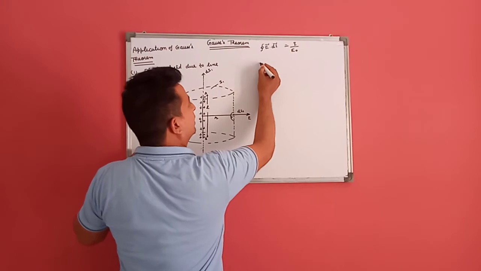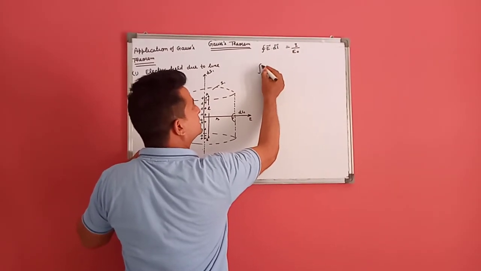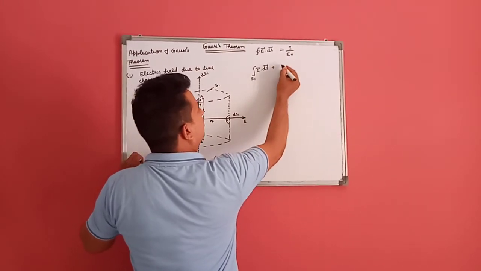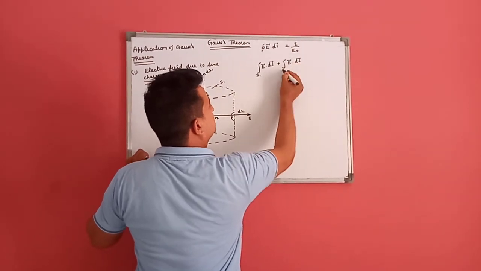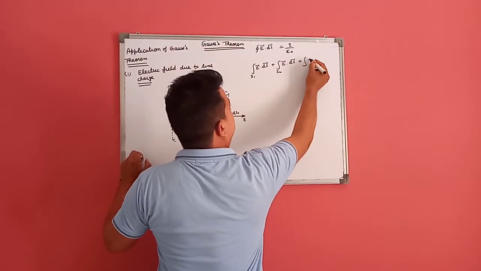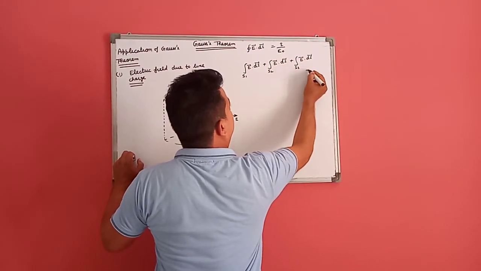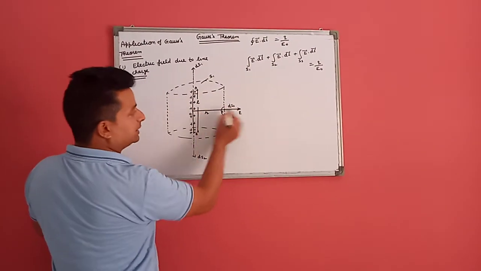So if we divide this figure open, this is the integral of E dot ds over S1, plus the integral of E dot ds over S2, plus the integral of E dot ds over S3, equal to Q by epsilon naught. This is the direction of electric field.